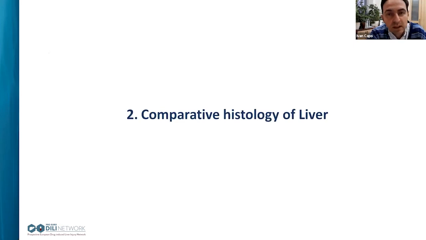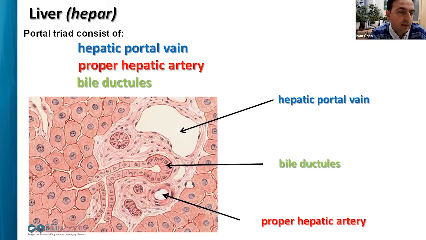First of all, when we start with histological analysis and try to make a translation to humans, we need to know the specificity of the animals which we use for the experiment. Looking at the basic histology of the liver, we can find portal triads and the main structures like bile ducts, hepatic veins and hepatic arteries.